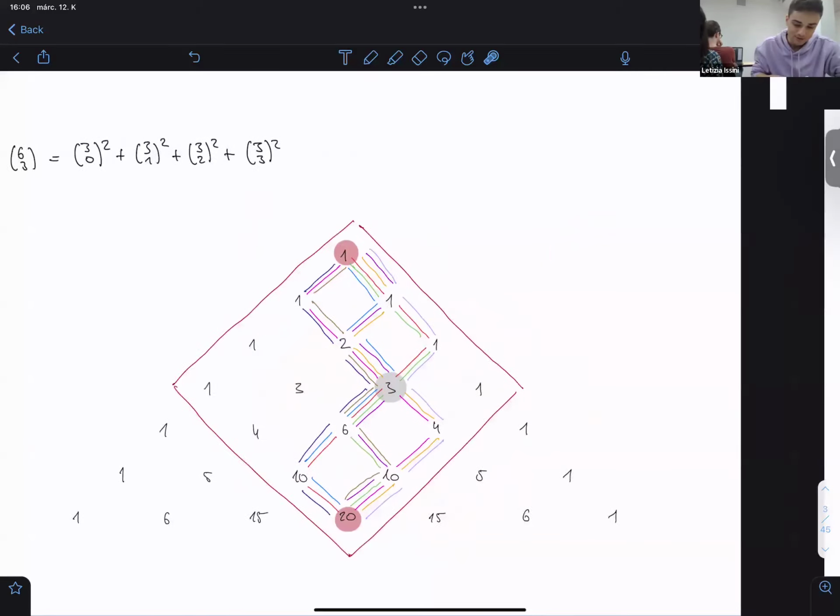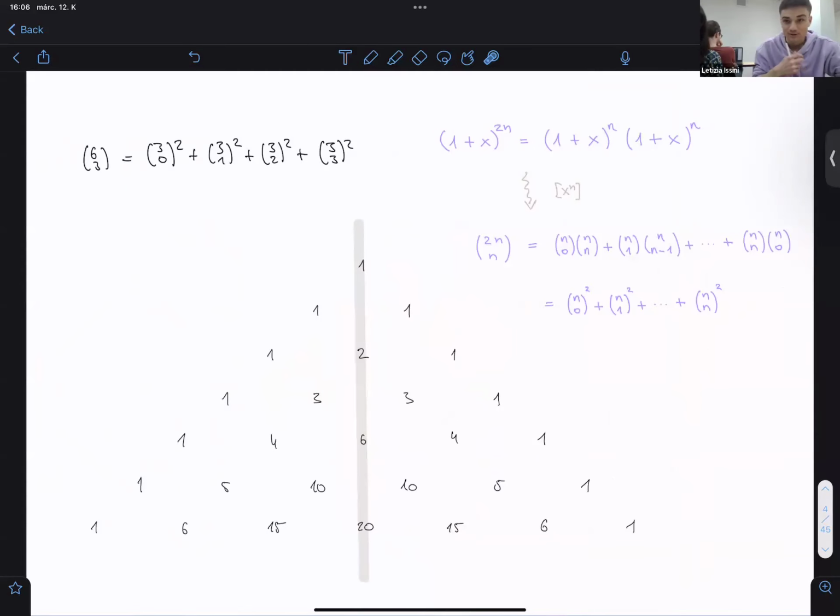But alternatively, we can also show this formula by factoring (1 plus x) to the 2n as (1 plus x) to the n times (1 plus x) to the n, and picking out the coefficient of x to the n on both sides. So on the left-hand side, it will be 2n choose n by the binomial theorem.